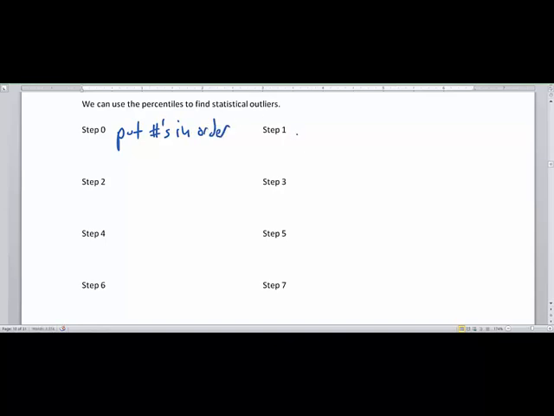Now, after you put your numbers in order, you're going to find M, which is another way of saying you're going to find the median. Now, we're actually not going to use this median in the actual process of finding the outlier, but we need to find the median so we can get our Q1, and we can also get our Q3.